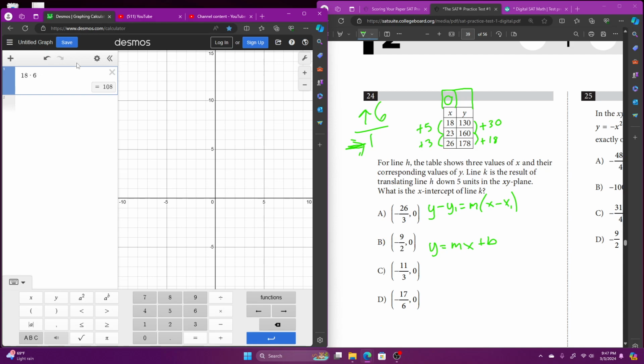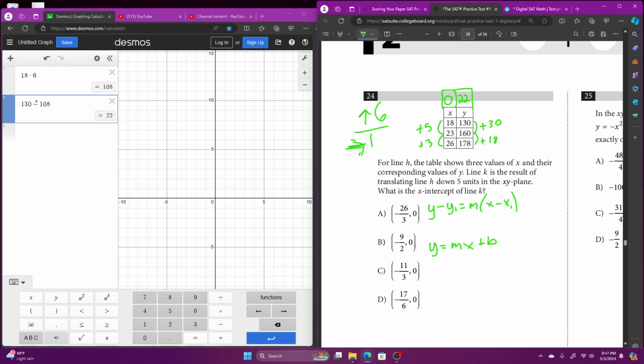So 130 minus 108 is 22 for your y-intercept. So now we have the slope, y equals 6x plus your y-intercept 22. And now we have to translate it down 5 units. So we're just going to subtract 5.